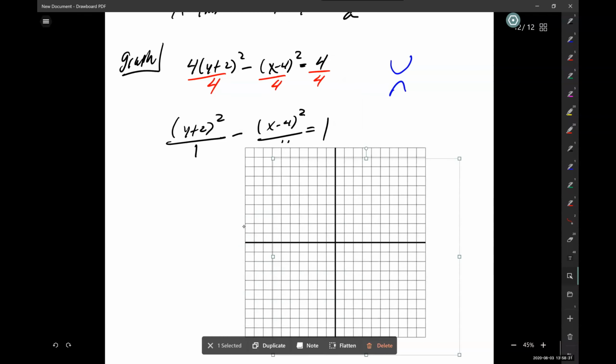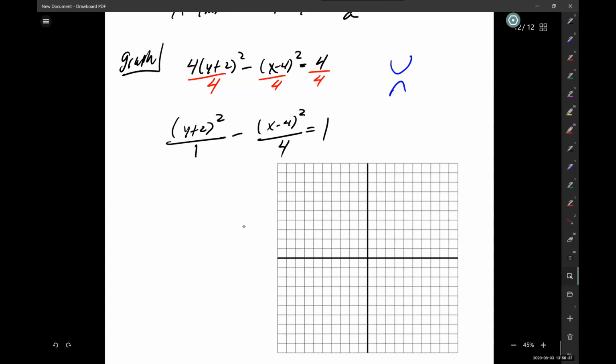Okay. So, first we have our center. Once again, watch out for the variables. This is my y. This is my x. So my center here happens at (4, negative 2). So I'm going to plot that first. 4, negative 2. There's my center.